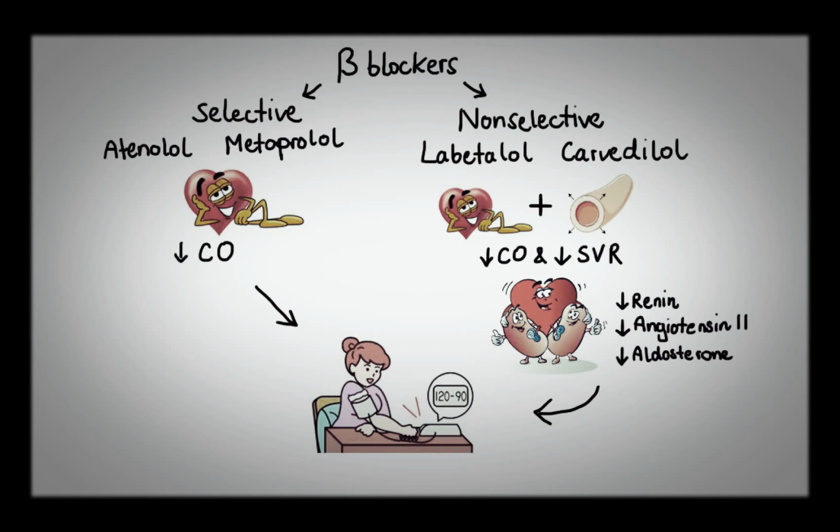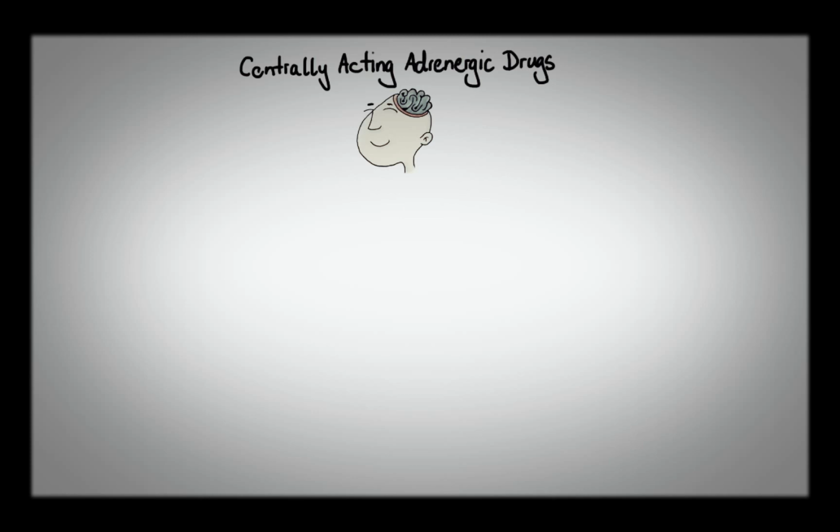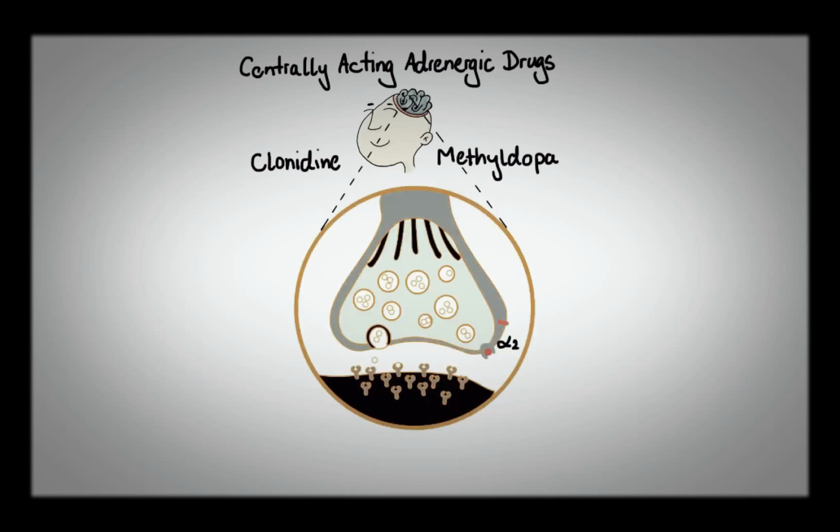Now, the next major class of antihypertensive agents are centrally acting adrenergic drugs, which work by blocking sympathetic activity within the brain. Examples of drugs that belong to this class are clonidine and methyldopa. Now, clonidine selectively stimulates presynaptic alpha-2 receptors, thus providing negative feedback to reduce catecholamine production and release.